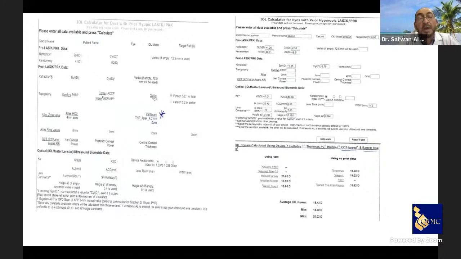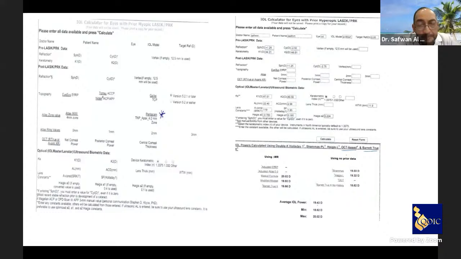I'm using the average IOL power, definitely considering the Barrett True K in my consideration, but the average IOL power according to the need of the patient, targeting the myopic side more than the hyperopic side.